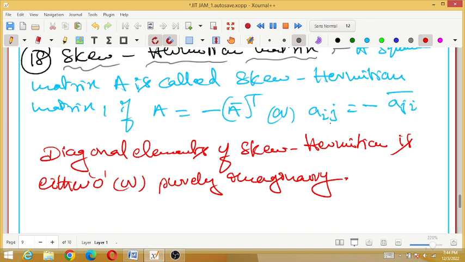Purely imaginary. This is a skew Hermitian matrix. Before going to the next type, we want to discuss the properties of Hermitian and skew Hermitian matrices.